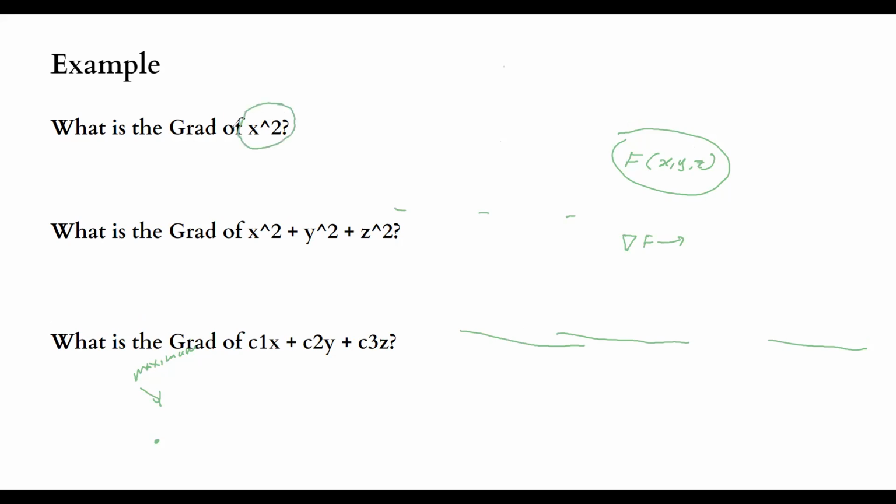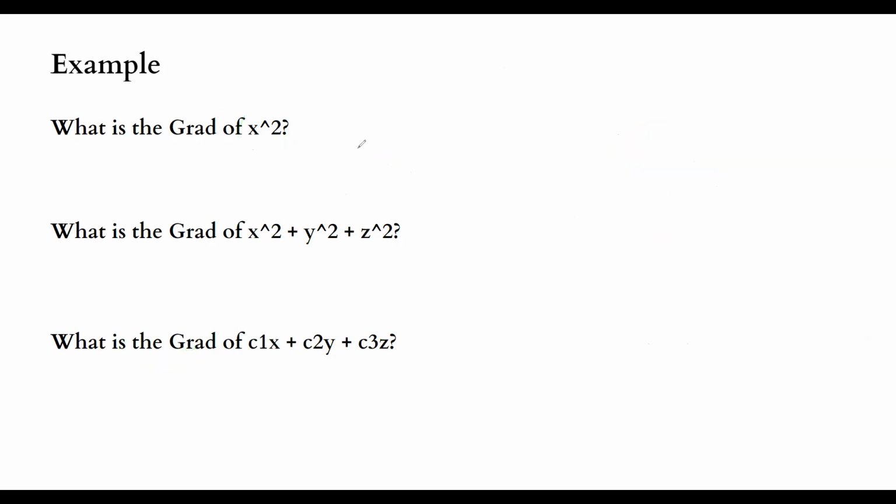Once we take the derivative of this field with respect to x, and then multiply by i hat, then we take the derivative of x squared with respect to y and multiply by j hat, plus the derivative of this x squared with respect to z into k hat, right?